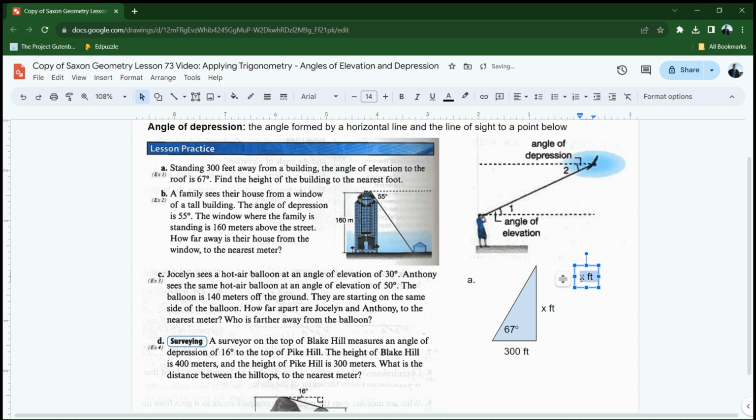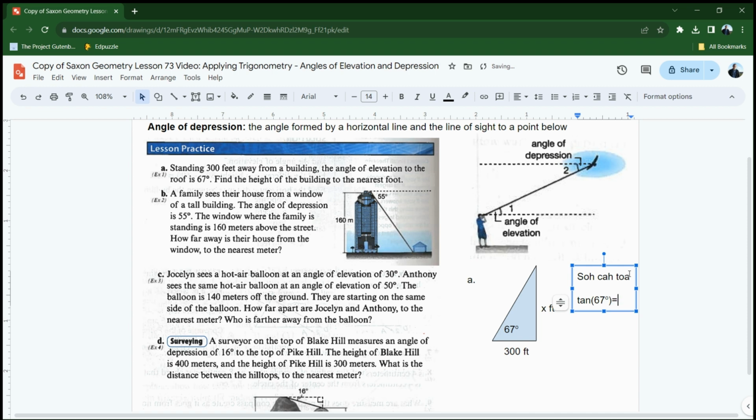Well, if I think about it, one of these SOHCAHTOA ratios should have an opposite and adjacent in it. It's TOA. So if I write that one out, it's going to be the tangent of x. In this case, x is 67 degrees. It's always the tangent of an angle.